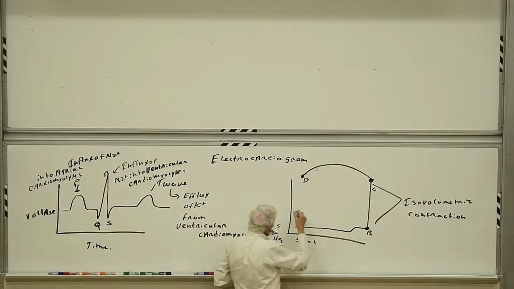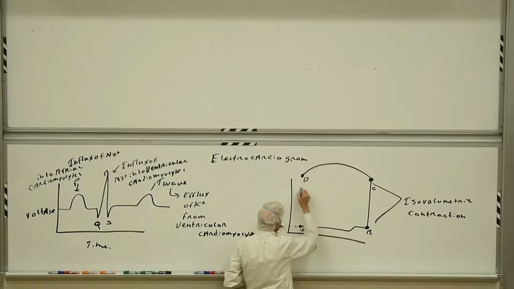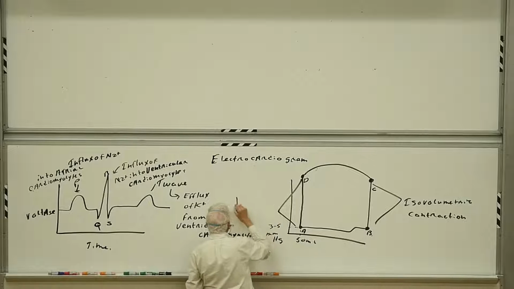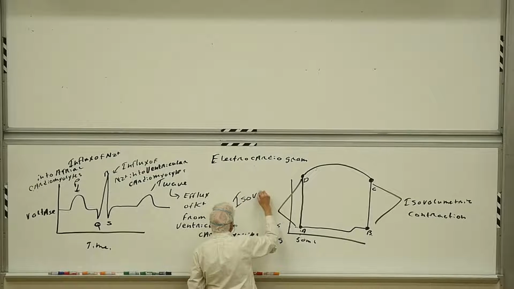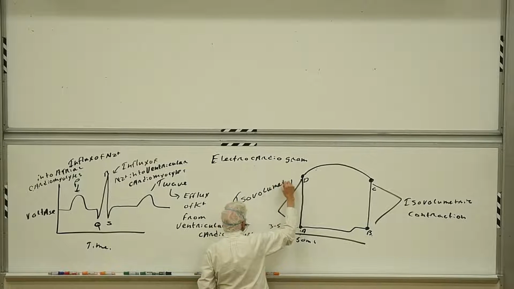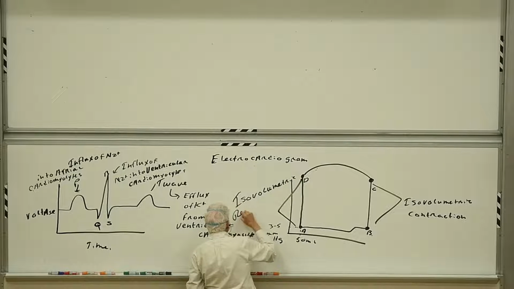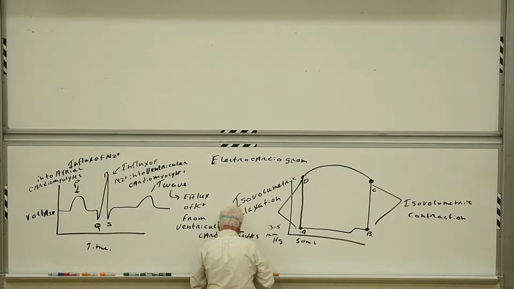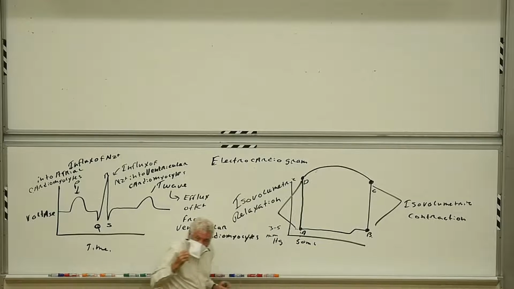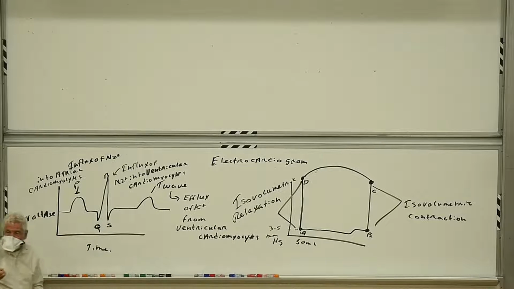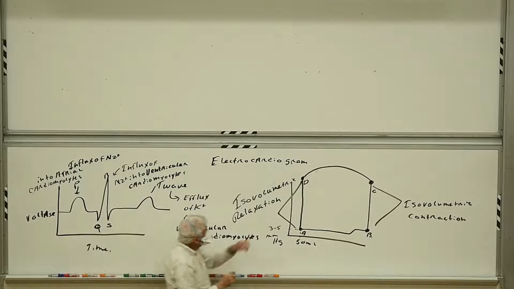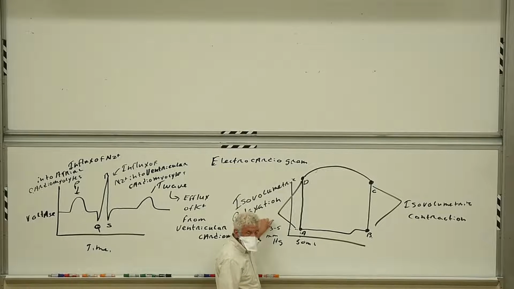Then between D and A again, remember this is isovolumetric relaxation. Well, what's happening when that muscle's relaxing? Potassium's coming out. We're repolarizing the membrane. So that means the T wave is going to be during this period of isovolumetric relaxation.